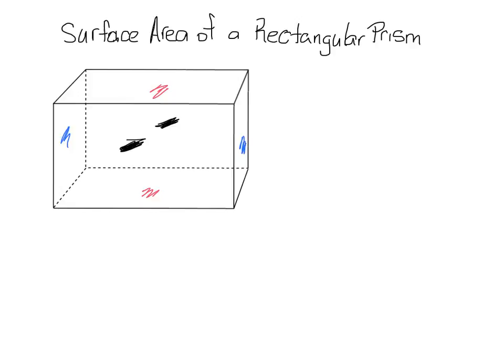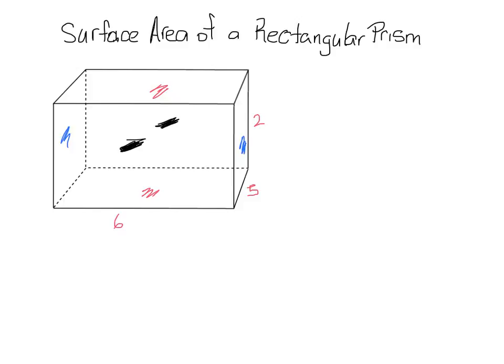Now, if you need to find the surface area of a rectangular prism, all you need to do is find the area of each of those faces and add them up. So let's say for example that this is 6, 4, 5, and 2.